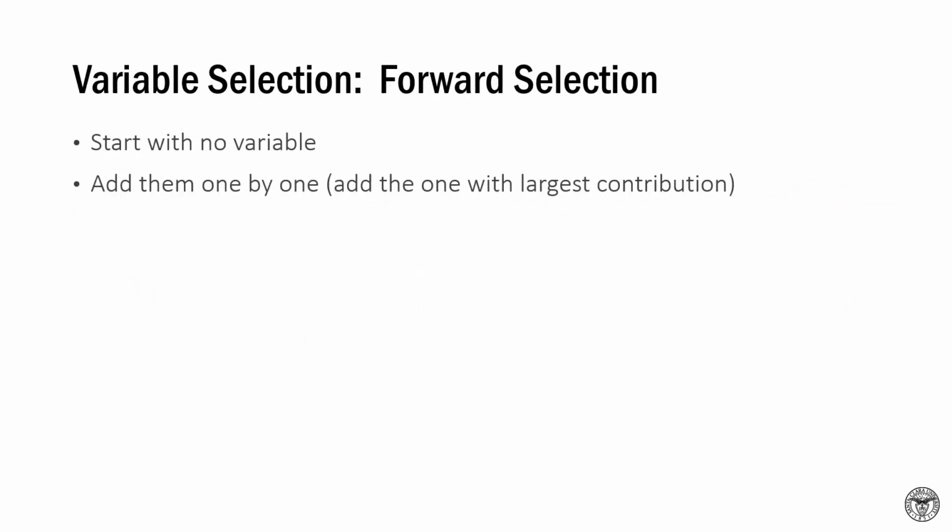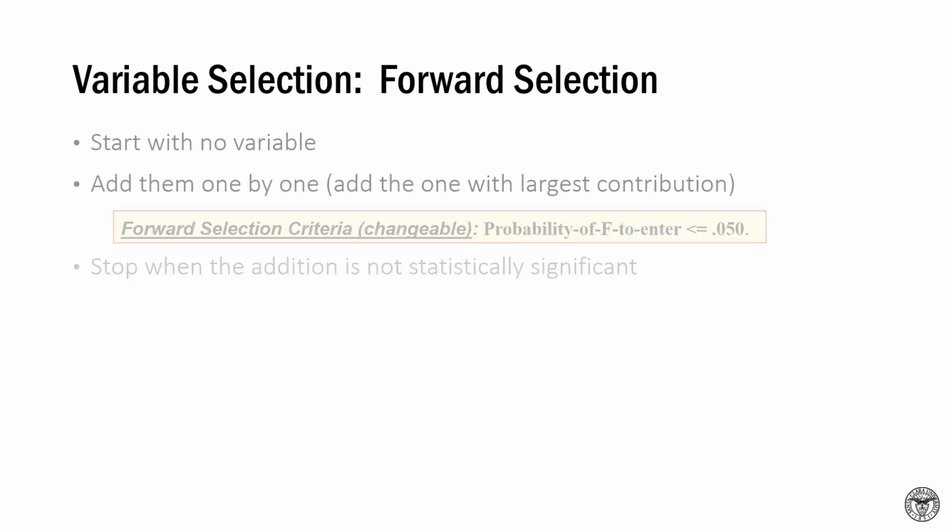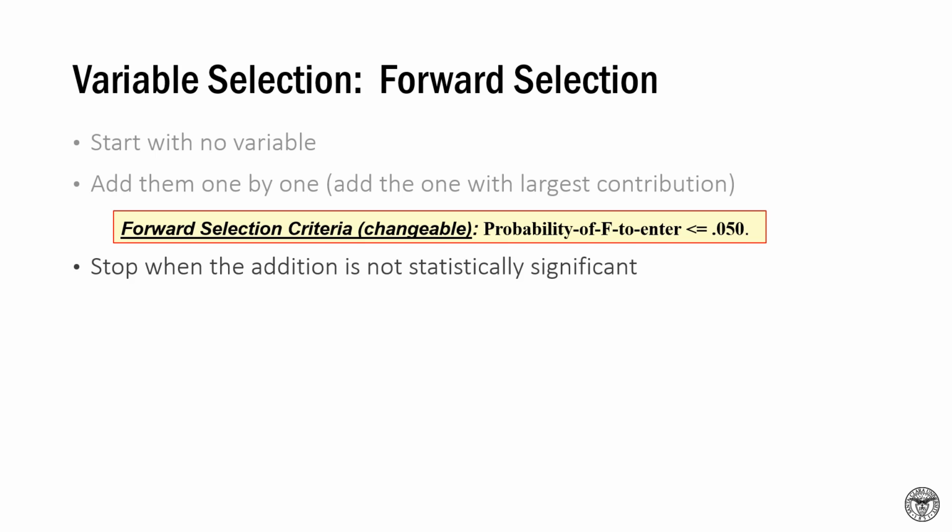Forward selection is a variable selection technique used in multiple regression analysis. It involves adding variables to the model one at a time based on their contribution to the model's predictive power. The forward selection approach begins by selecting the independent variable that has the highest correlation with the dependent variable.